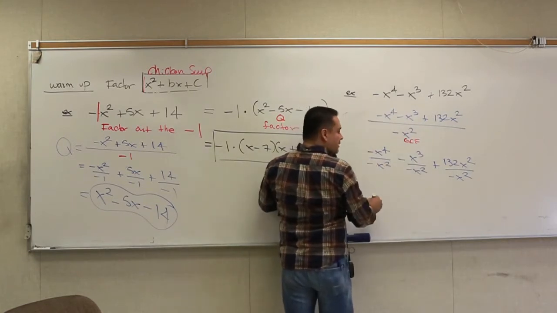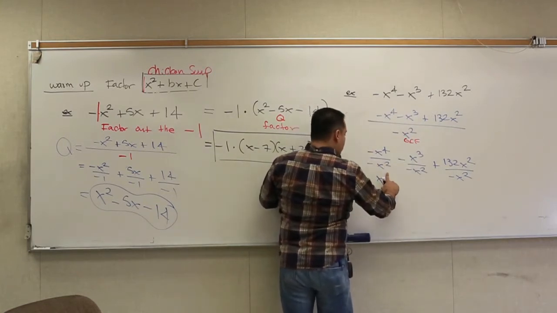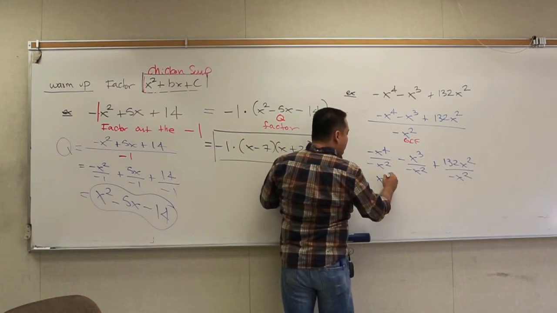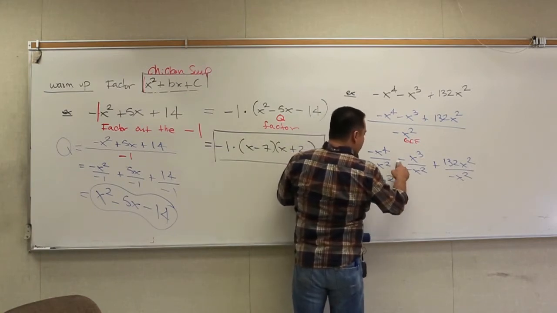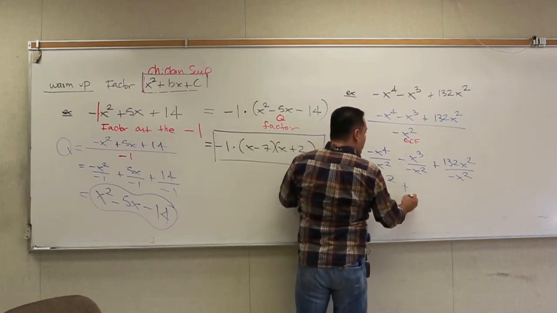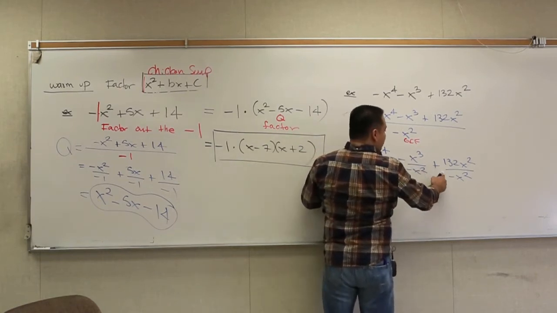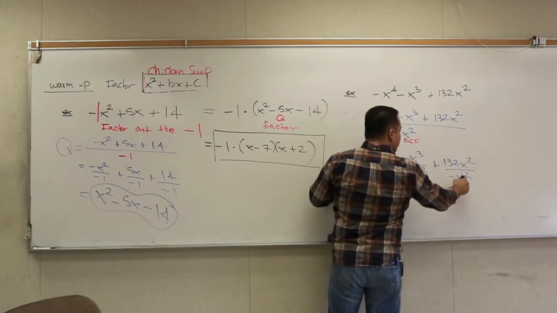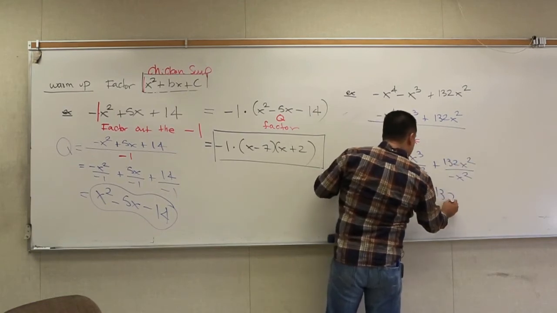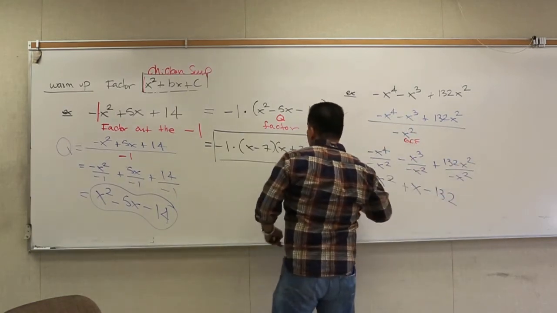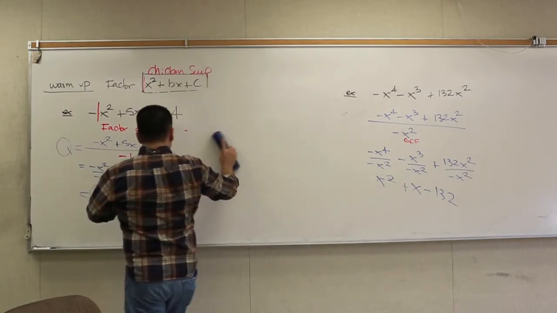Negative divided by negative is? X to the 4th divided by x squared? X squared. Minus divided by minus? Plus. X cubed over x squared? X. Positive divided by negative? Negative. X squared and x squared cancel. 132. So, let's write this down.